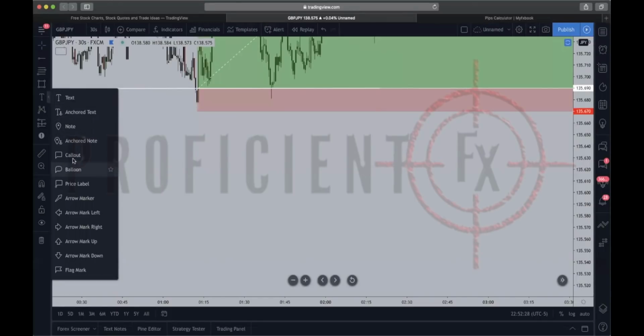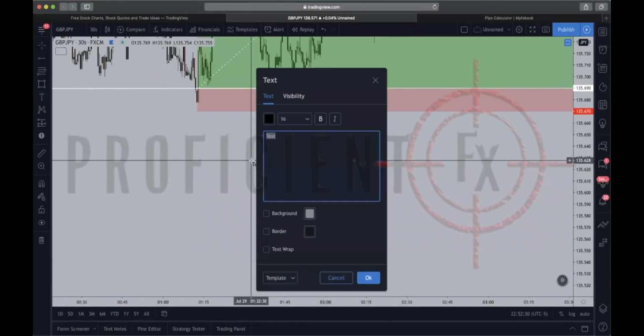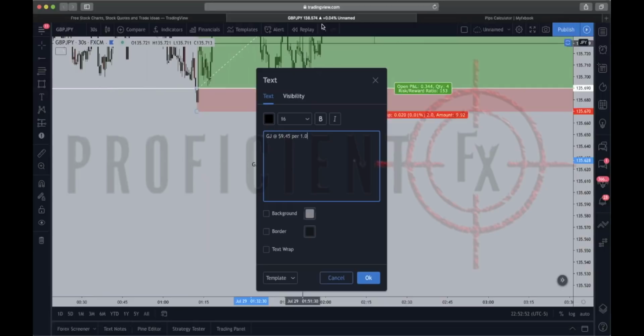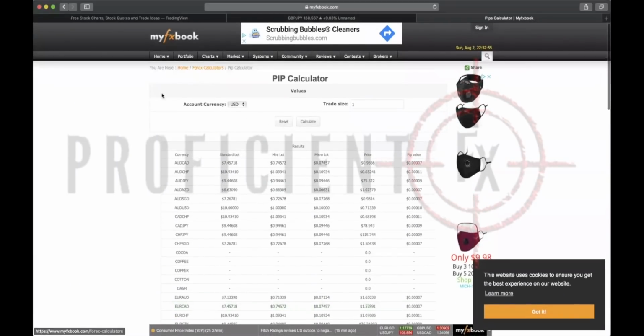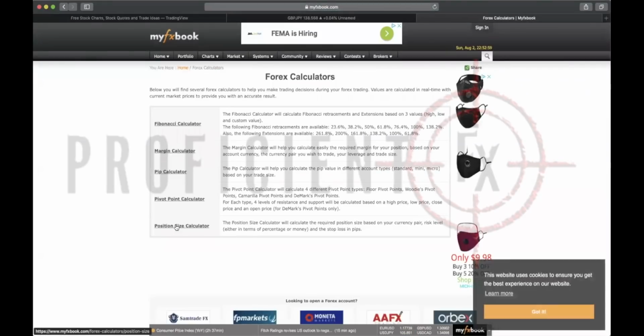So we're gonna do some math, and we're gonna do it right here. Let's do a text. So GJ is trading at $9.45 per standard. Okay. And now we're going to go to position size calculator.